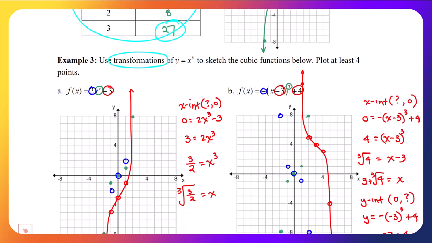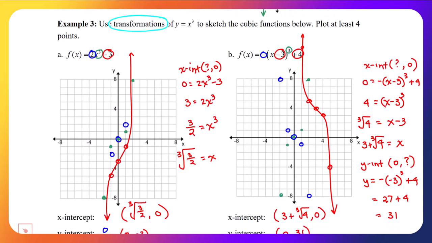So in A, if you look at the green dots, that's the original graph. Then in blue here is the 2, so you double the y values. So the y value here is 2, negative 2, and then the y value here of 8 goes up to 16. This one goes down to negative 16.